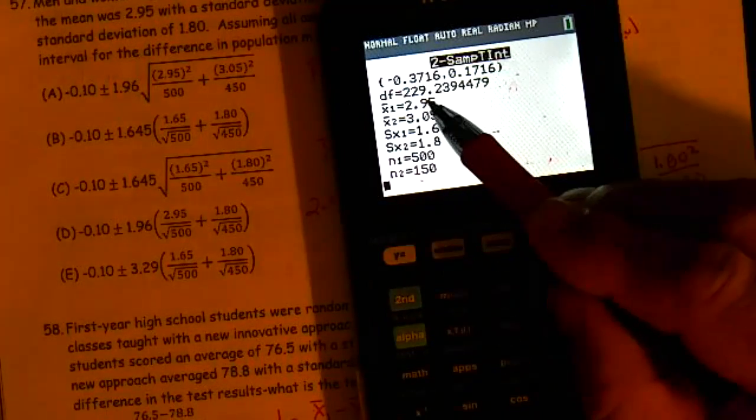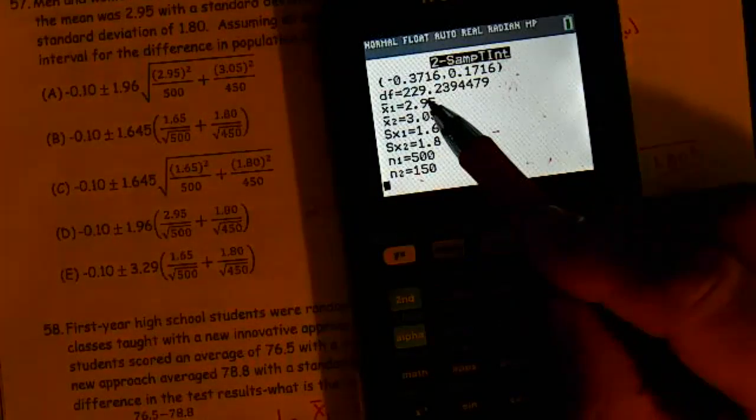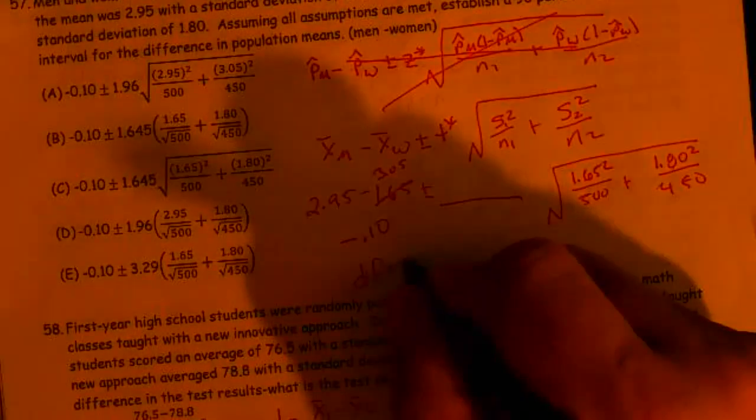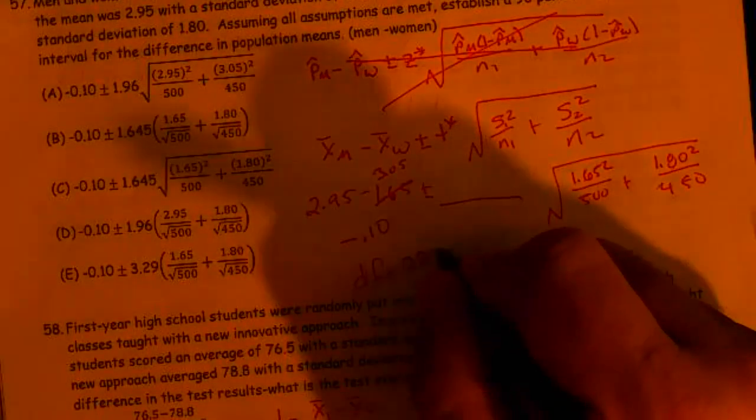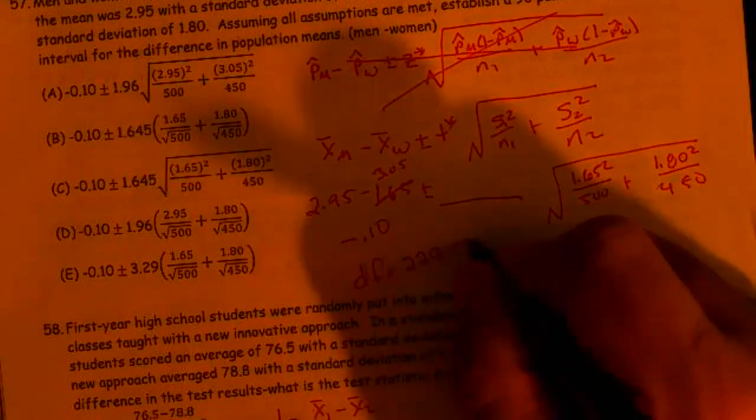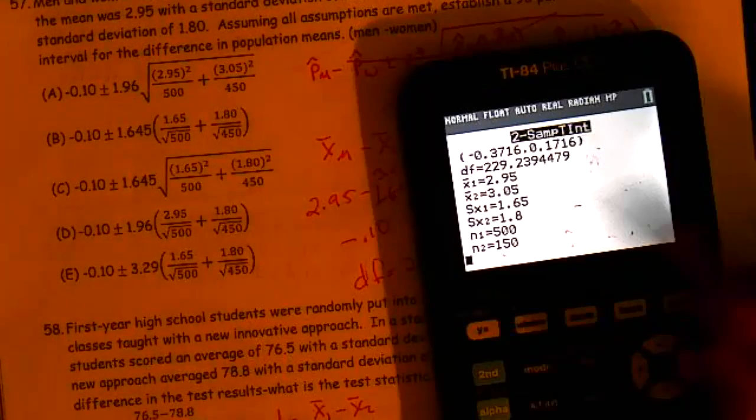All right, the reason we did that is we needed our degrees of freedom. So our degrees of freedom here is 229.24. And I just read that off the calculator.